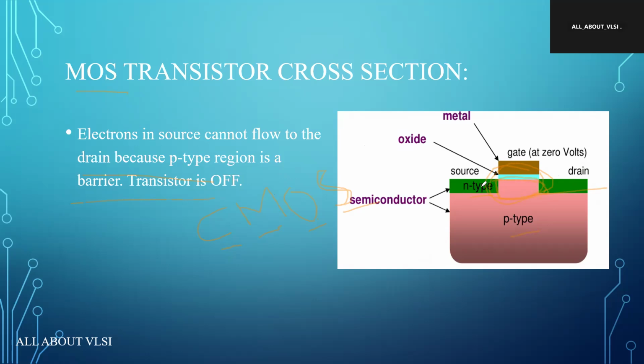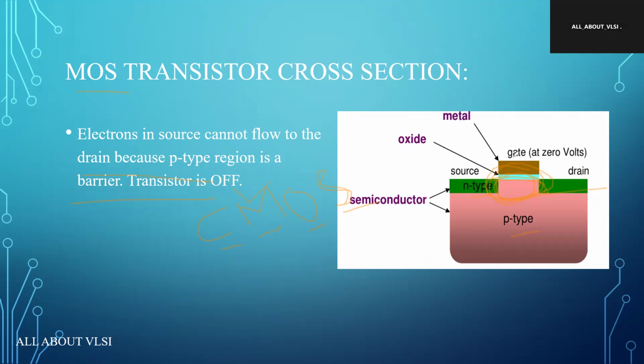When electrons flow from source to drain, they cannot, because the P type works as a barrier. There is no path in between source and drain, so there is no flow of electrons. No flow of electrons means the transistor is in off state, right?